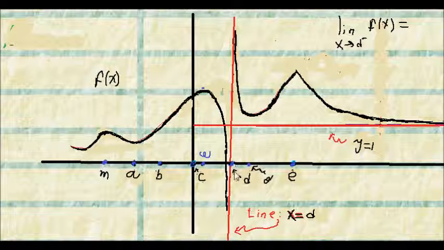This is the value d here, from the left. In which direction is it going to go? Well, obviously, this is a vertical asymptote here, okay? So this is going to be equal to negative infinity, right? So that's what it equals, negative infinity.